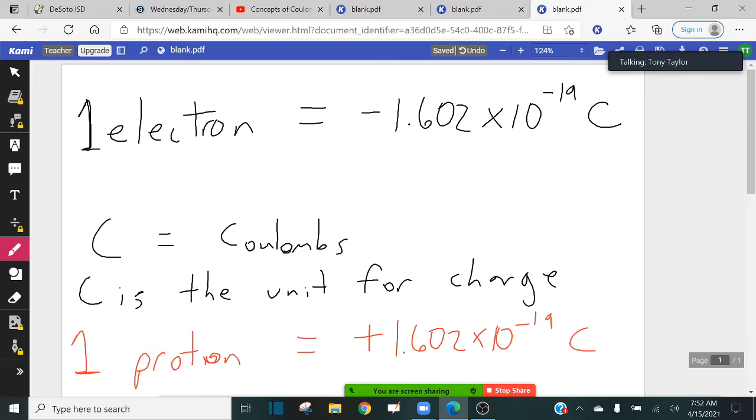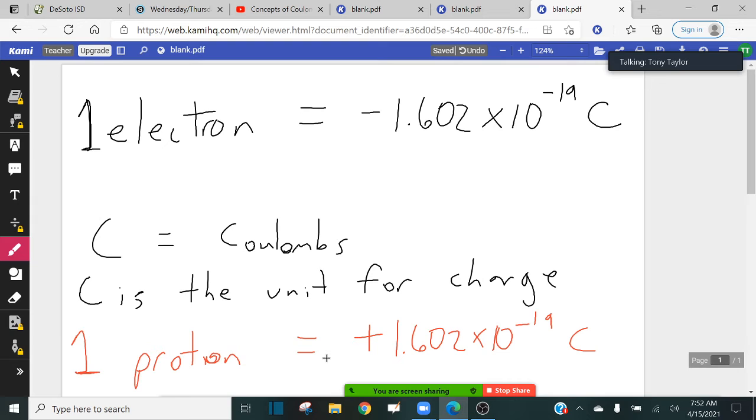That's an important number I need you guys to keep in mind. That's why I'm writing it down. So obviously, if you had two protons, the charge will be double that. If you had three protons, the charge will be triple that, and so on. So this just allows us to numerically quantify charges.